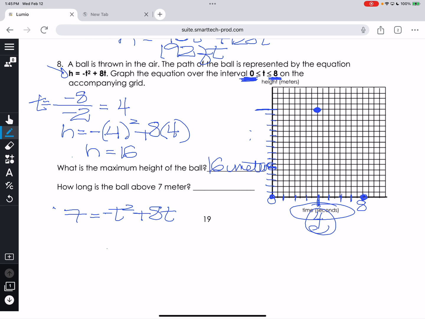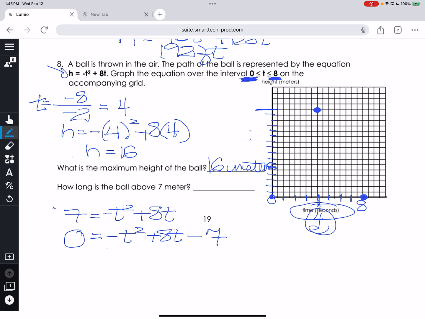So, what do we do with the 7 now? You move it over, which means we're replacing the 7 with 0. 0 equals negative t squared plus 8t minus 7.